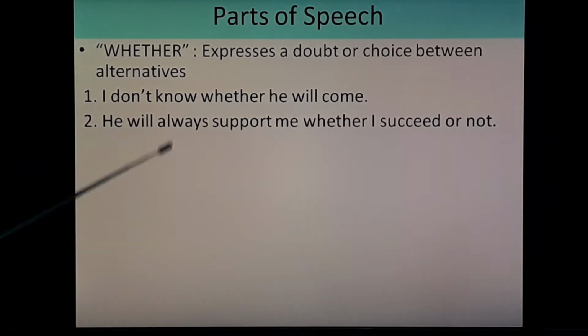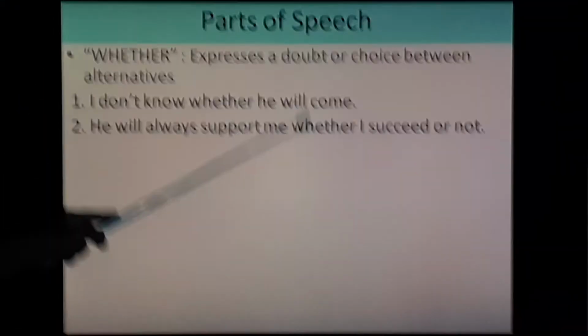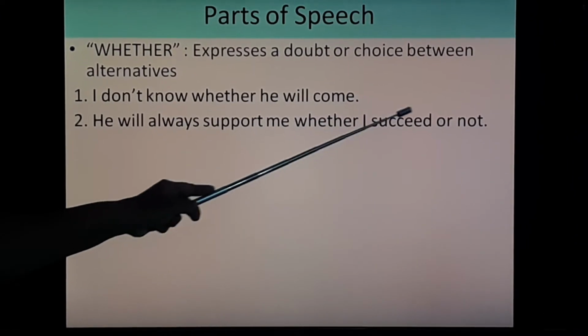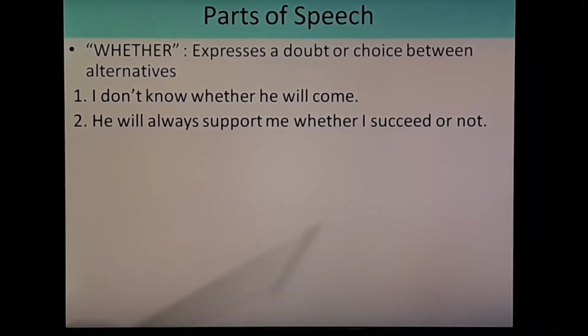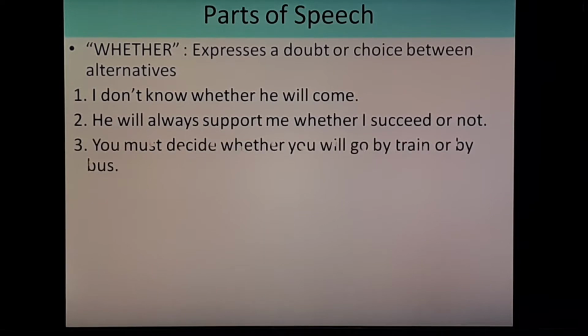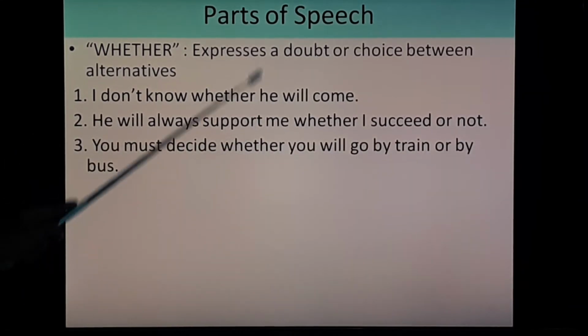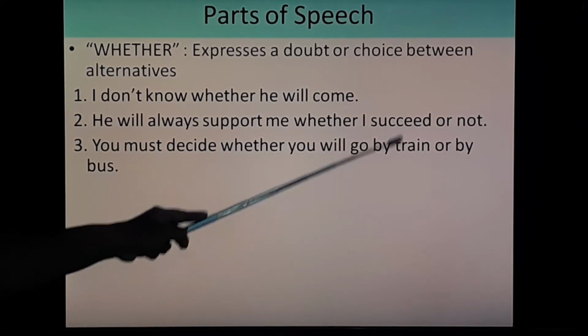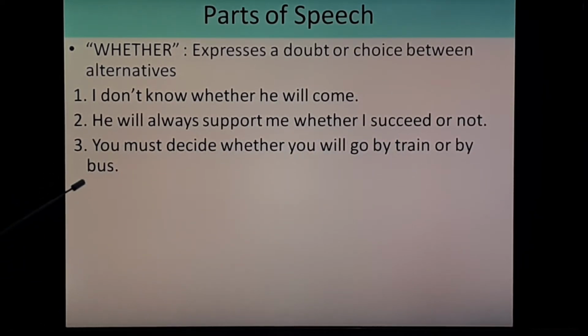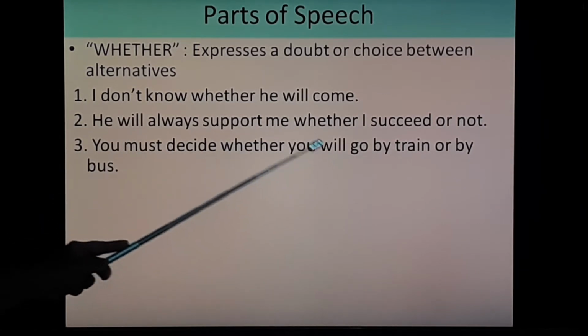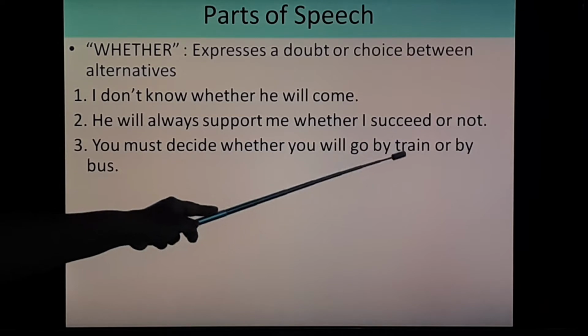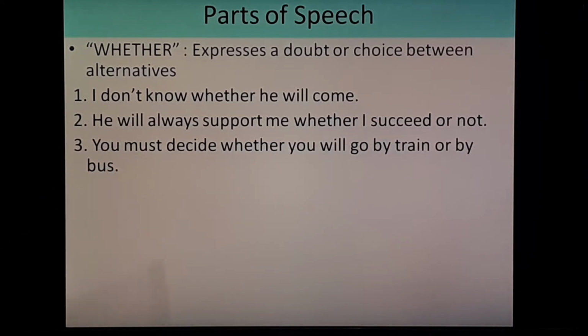He will always support me whether I succeed or not. Next, you must decide whether you will go by train or by bus. So here in this sentence, whether is used to choose from these two, train or bus.